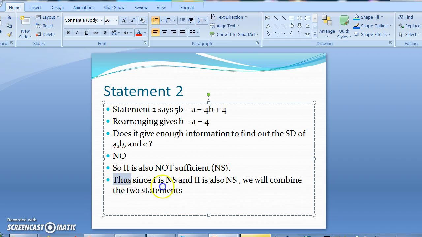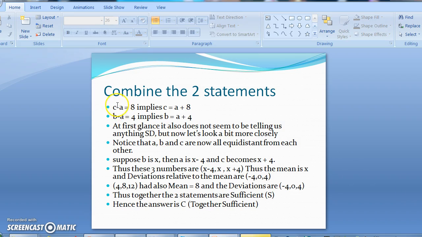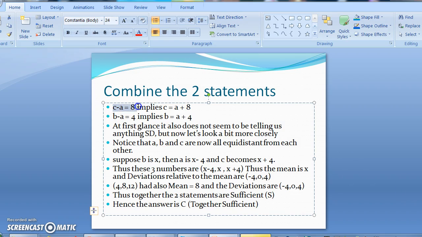Hence we can therefore conclude that statement 1 is not sufficient. Statement 2 also is not sufficient. And at this point, you may recollect, is the point where we will combine the 2 statements. Only when 1 is not sufficient, 2 is not sufficient, we will combine the 2 statements. Alright, let's combine. Statement 1 says c minus a is equal to 8, which implies that c is 8 more than a.